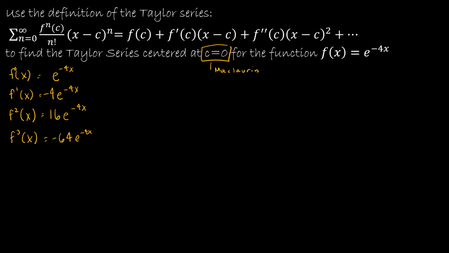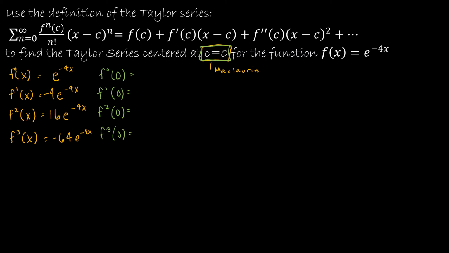I'm then going to evaluate each of those at 0, because that is the center. So now I'm going to find f at 0, the first derivative at 0, the second derivative at 0, and the third derivative at 0.